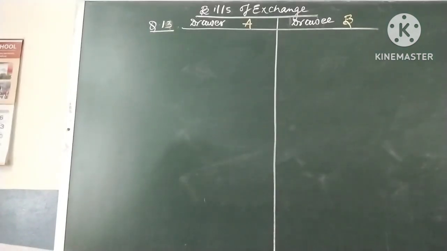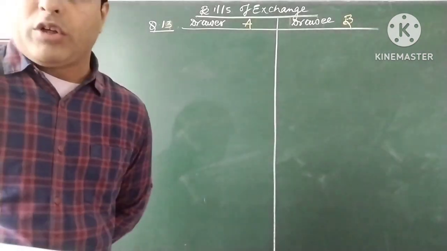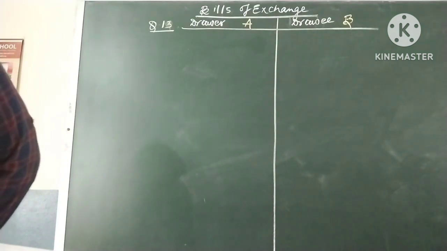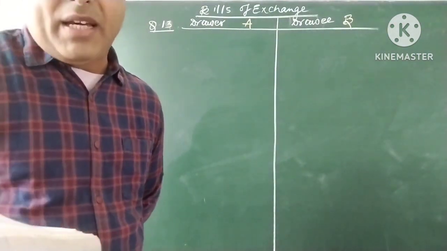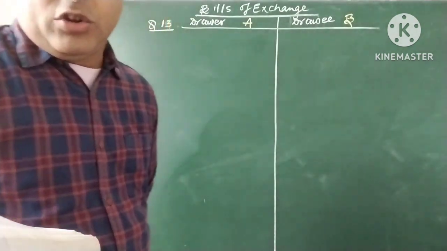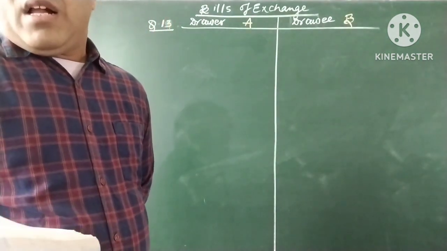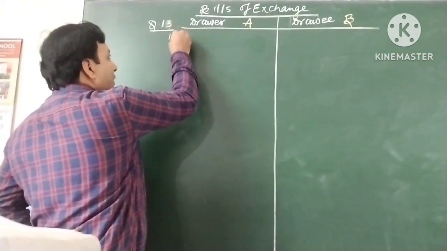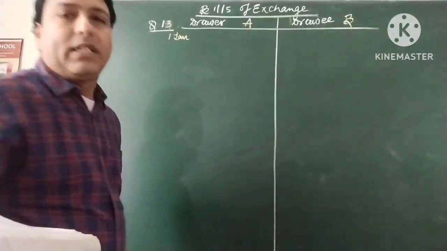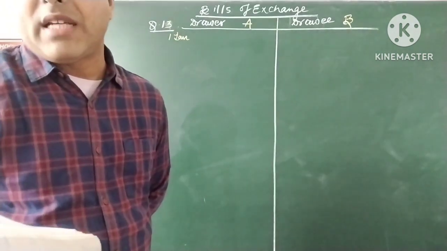So see the next thing. The question is A sold goods of 30,000 rupees. So A means seller, it means drawer, and B means drawee. First you have to write 1st Jan, because he is selling the goods on 1st Jan.